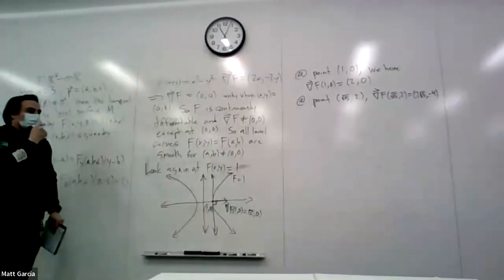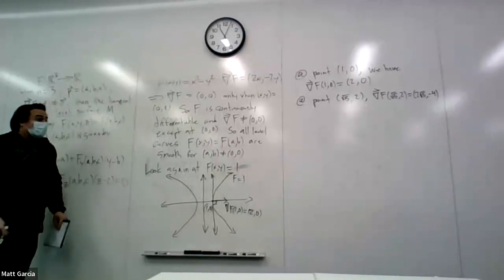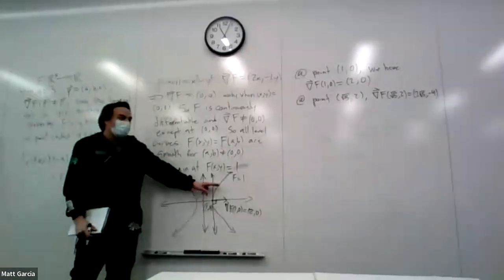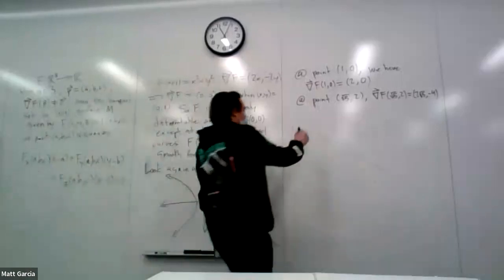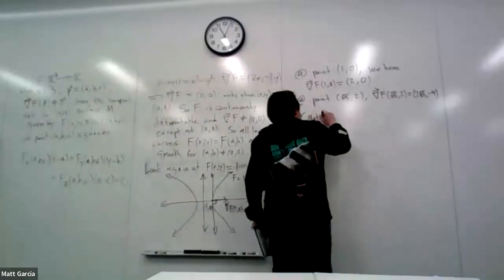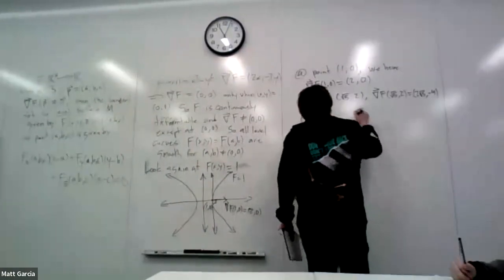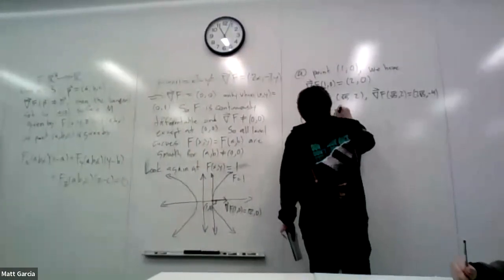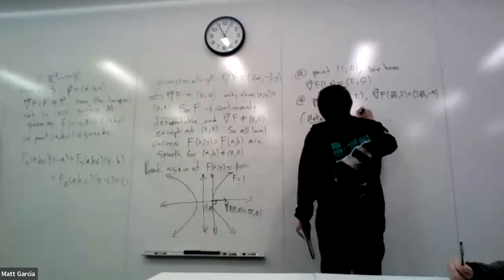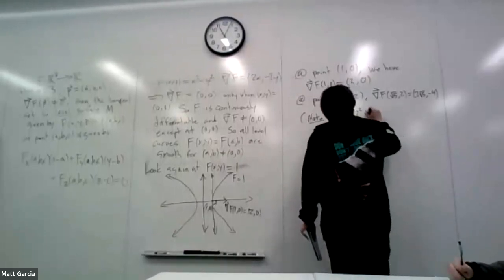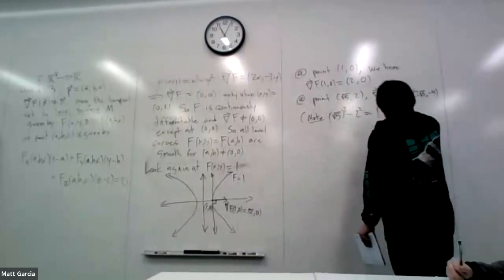Yeah, exactly. It lies on this level set. It lies on this curve, right? So note: 5 squared minus 2 squared is equal to 1.